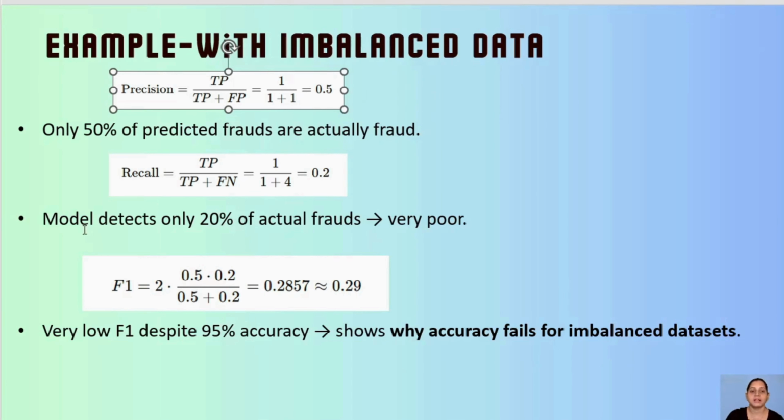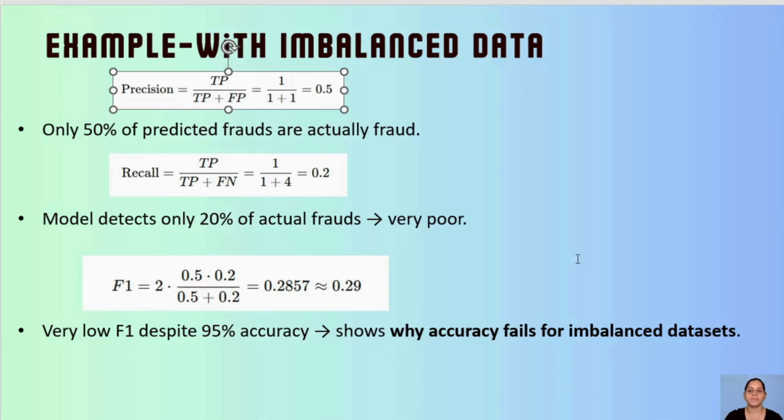Recall: my model detects only 20% of actual frauds, a very poor case. The F1 score I'm getting is 0.29, a very low F1 score despite 95% accuracy. That means accuracy fails for an imbalanced data set. This is how I have proved that accuracy fails.